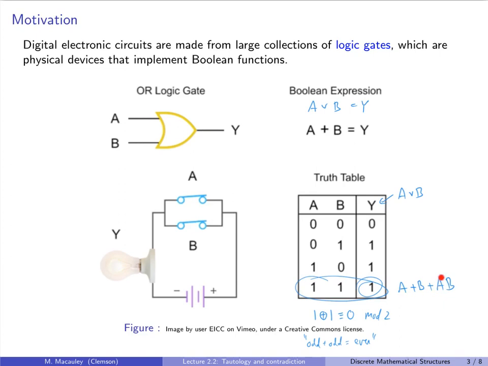And that also doesn't change the value of the other 3 rows either, because for all 3 of these rows, A times B is 0. So actually, the correct way to do this modular arithmetic is that A or B is the same as, let's just say, A plus B plus A times B mod 2.